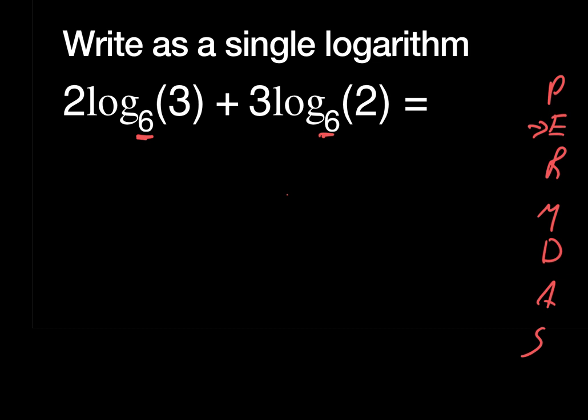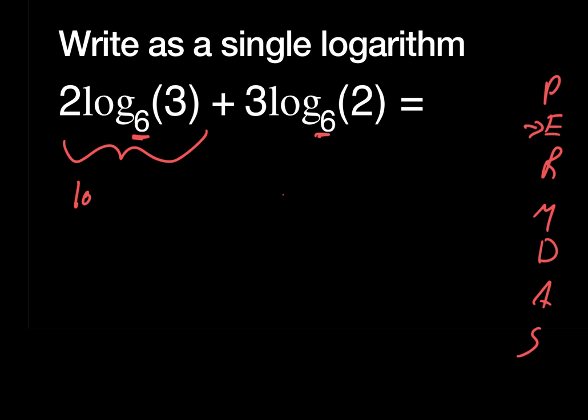This first one here can be rewritten as log base 6 of 3 squared. Right? The last one I said, if the exponent is on the value inside the logarithm, it can come out in front. Now we're actually going to bring it back and put it on there.